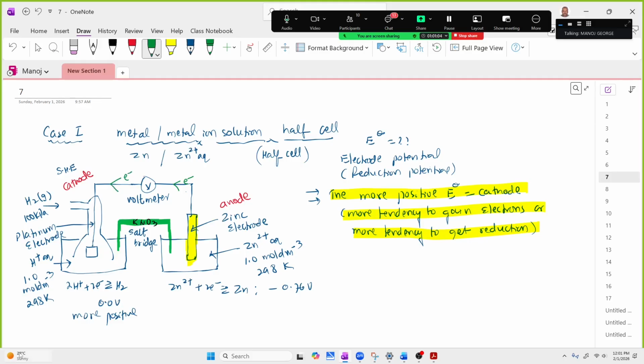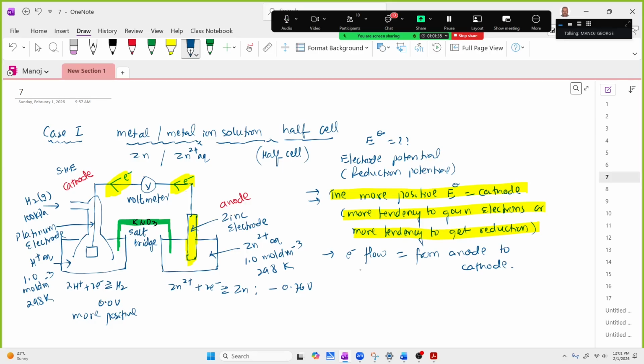This is one mark in the exam. They will ask you to mark the electron flow. Did you understand? Electron flow is from anode to cathode. Guys, is everyone comfortable so far? Anyone has any questions? Everyone is okay. It's going from anode to cathode, no problems.